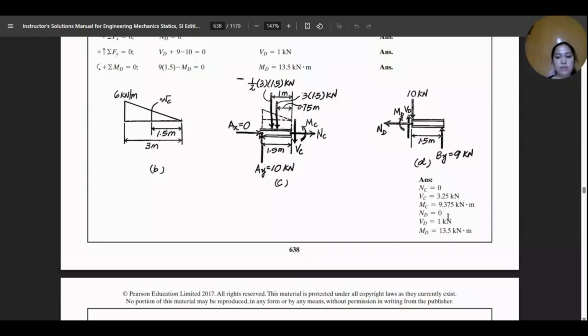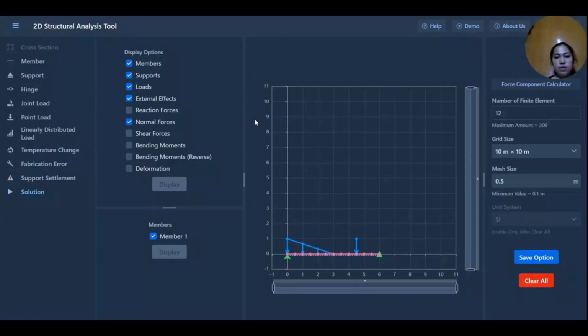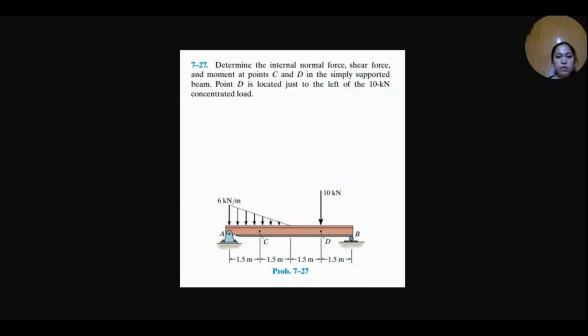Normal force at D is 0, shear force is 1 kilonewton, and bending moment is 13.5 kilonewton meters. So this is how we use PermaLearn to solve 2D exercises for our statics course.